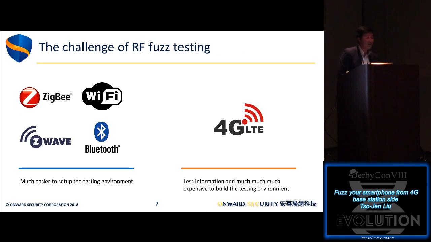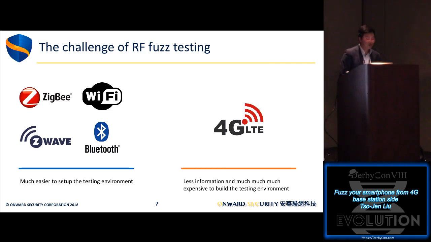For ZigBee, Wi-Fi, Z-Wave, and Bluetooth, some researchers have already released their fuzzing tools on the internet. Just Google the keywords, and you can find many GitHub projects, and you can download, compile, and use their hardware dongles to do the testing.